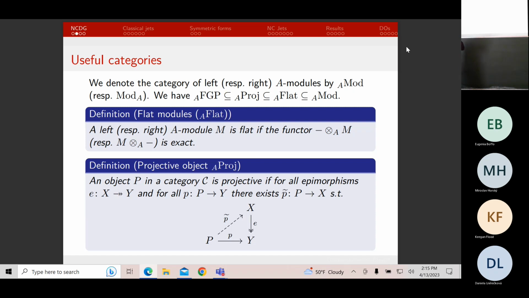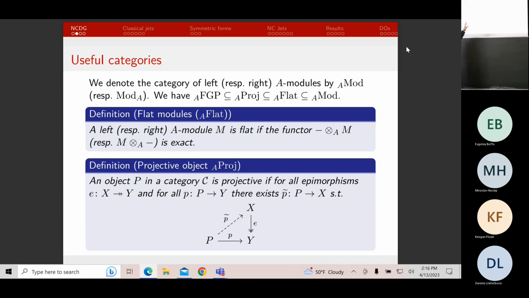What I want to stress in particular is the notion of flatness. Flatness means that the tensor functor with that module is exact. Usually this functor is just right exact, but we ask also that it's left exact. The reason I want to highlight this point is that this doesn't correspond to the geometric notion of flatness, which is instead a very rigid condition: asking that there is a connection which has vanishing curvature. This is not what we are asking.